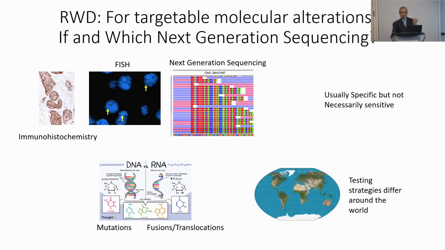And you don't realize that you're missing the fusions when you're collecting that information. So you need to realize that testing strategies differ from place to place and definitely globally as well. So this is another pragmatic issue you need to think about. You need to talk to the locations in which you're actually doing the studies. And if you're doing a multi-institutional or a multi-country study, you'll have to look to see how that information is captured.